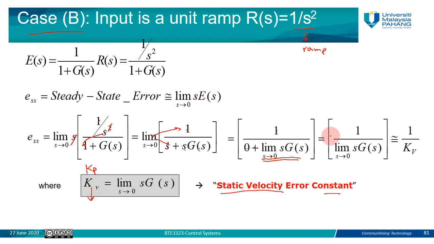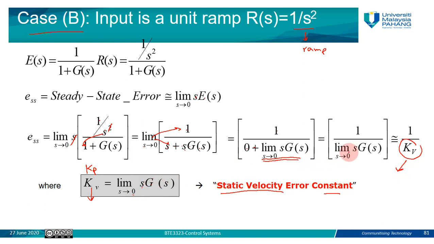Okay, so now your steady state error here equals 1 over the limit of sG(s), which equals 1 over Kv. So if you have the input 1 over s square, your steady state error will equal 1 over Kv, and your Kv will equal the limit as s goes to 0 of sG(s).